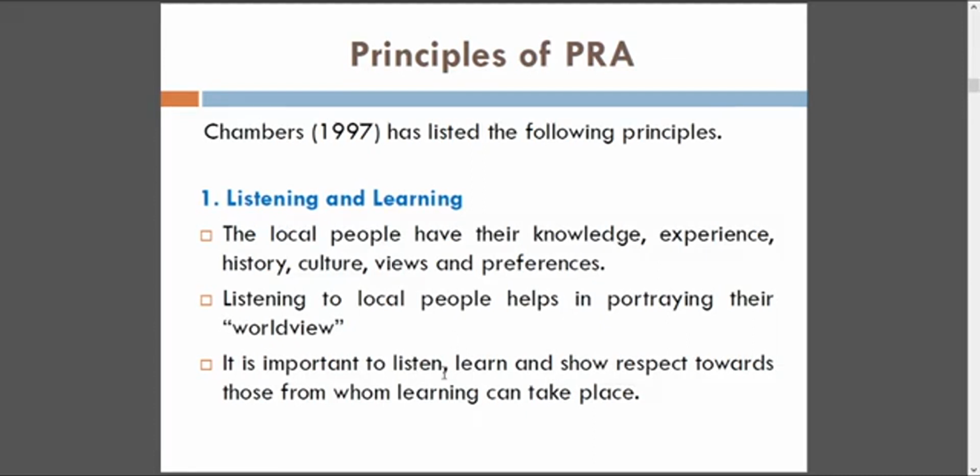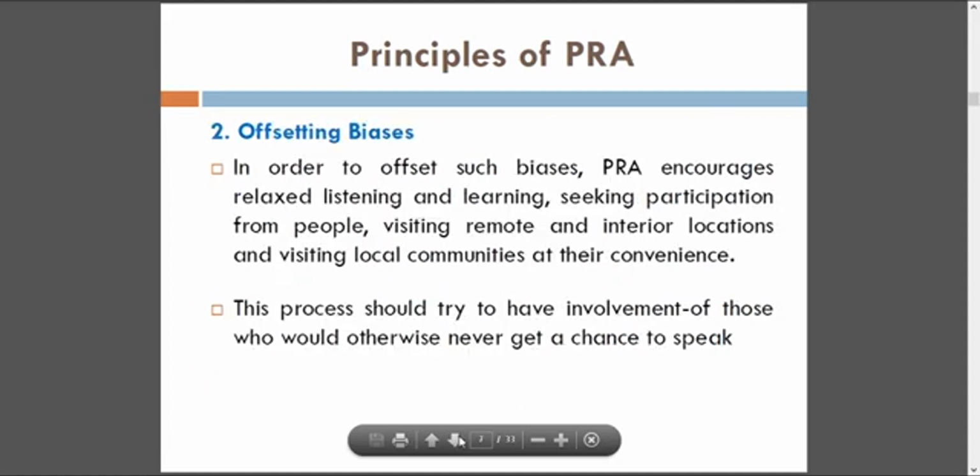So it is very important to listen, learn, and show respect towards those from whom learning can take place. It is very important to respect what the local people are saying, to listen to them, and to learn from them, because they understand their community far better than you who have come to facilitate the process.